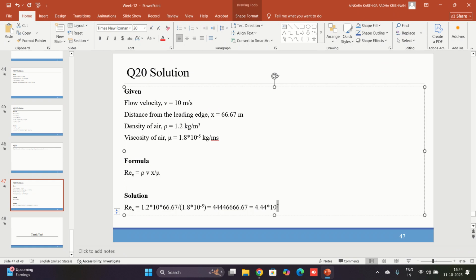If that is the case, what is this number actually? 4.4 crores roughly. 4.4 crores, I think. It is 1000, 10,000, 4 lakhs. Yeah, 4.4 crores Reynolds number, or 4.44 into 10 power 7.